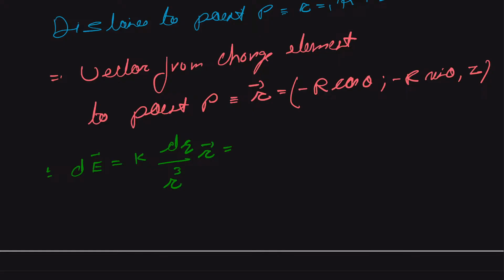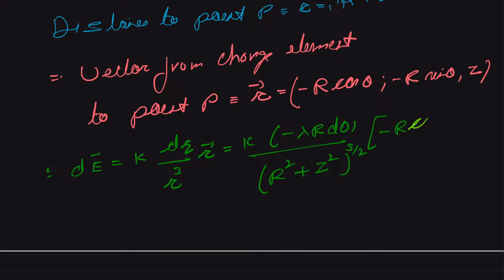We can substitute the value of dq and everything, so we get k, dq was minus lambda r d theta, r cube will be r square plus z square to the power 3 by 2, and our vector is r cos theta, r sin theta, and z.